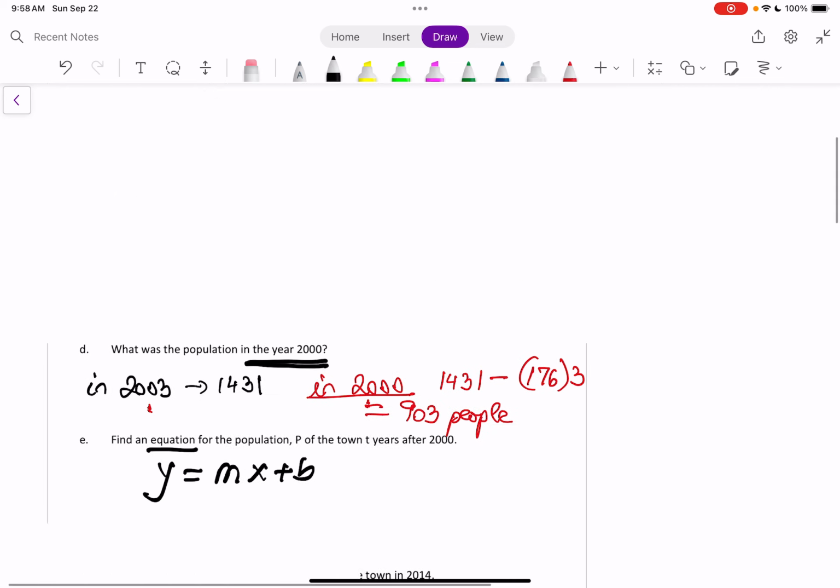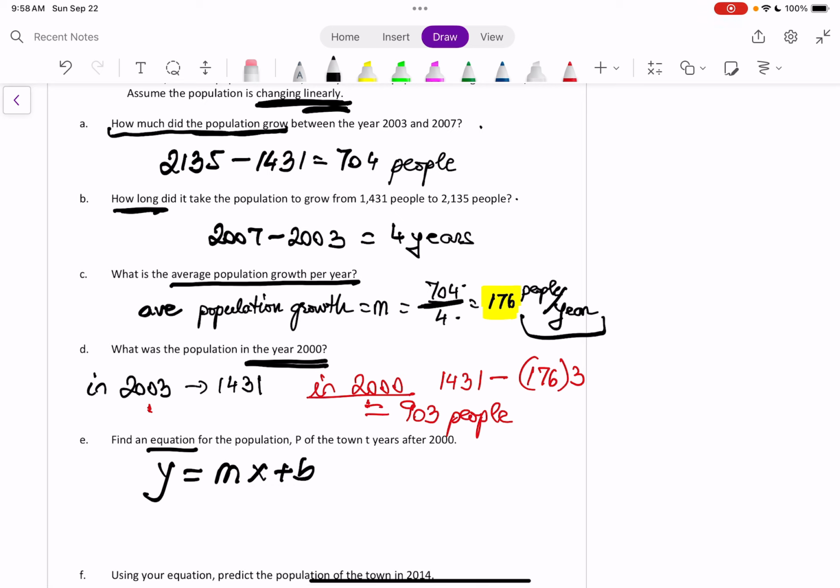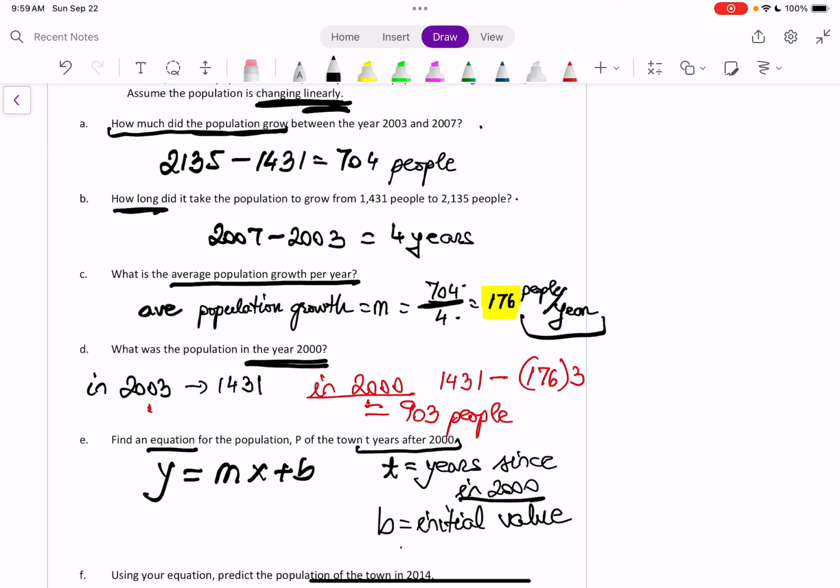And to come up with a linear equation, all we need is an M and a B. Since we want to start counting in 2000, that means the B value, the initial value, which is what happens at time 0, time 0 is in 2000, is 903.